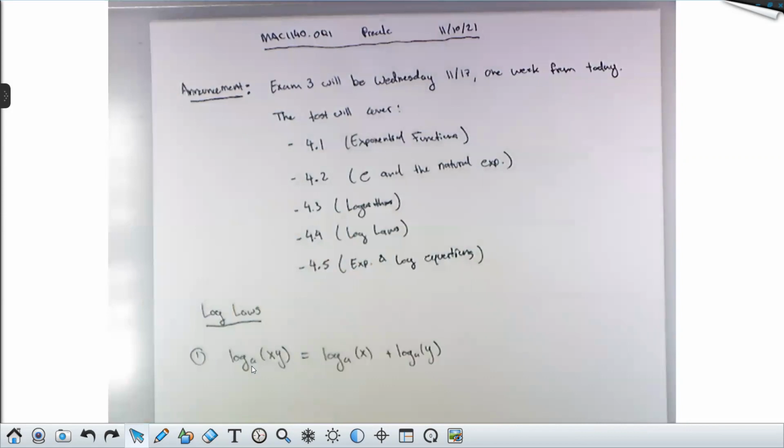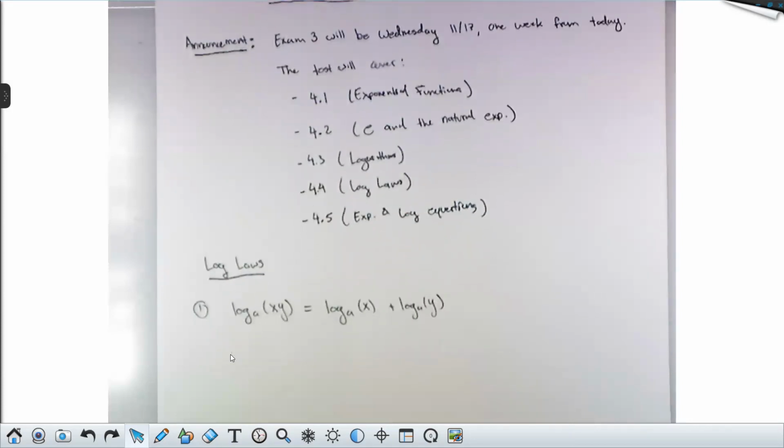And x and y here could be anything. They could be numbers, they could be functions, they could be tables. They could be chairs, it could be people. Whatever it is, if you have a logarithm with a product inside, two things multiplied inside the logarithm, that's the same as the sum of the two logs with each individual term from the product inside.